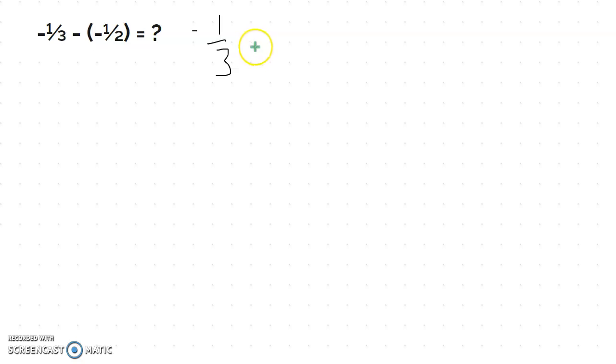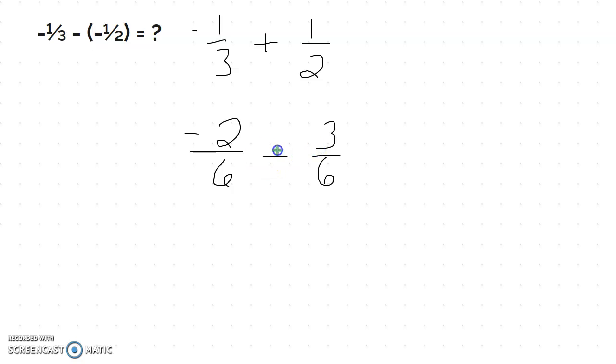Instead of minus a negative, plus a +1/2. Okay, in order to successfully add these together, I need a common denominator. 3 and 2, they both go into 6 evenly. So notice I'm making my denominator 6 and 6. 1/3 is just like 2/6. Don't forget it's a negative. 1/2 is just like 3/6, and I'm adding.